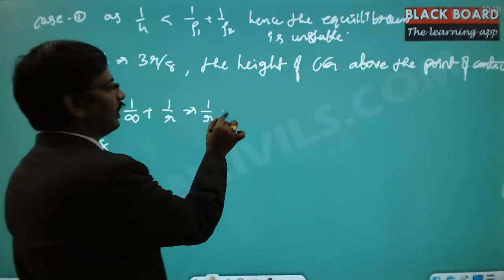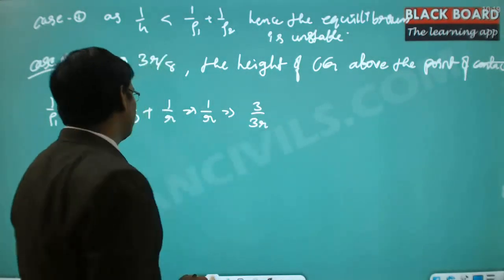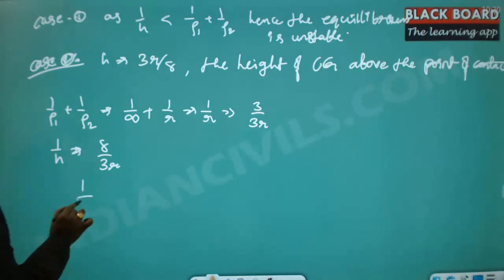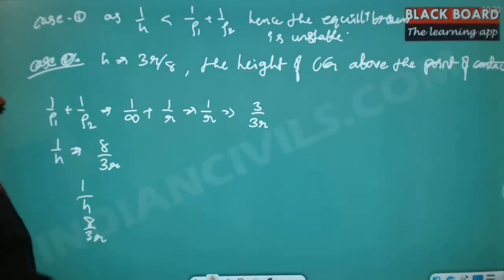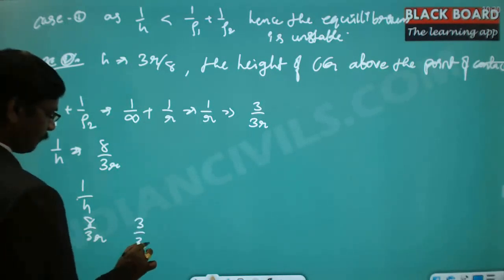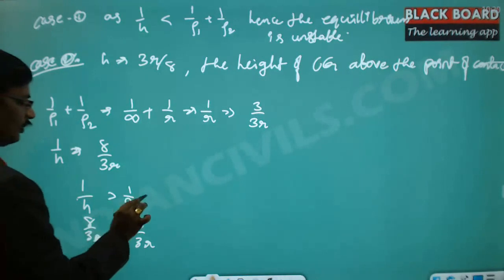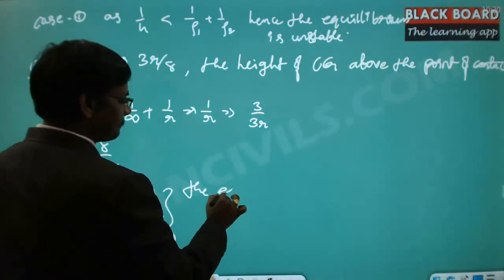Now if you want to compare, you multiply with 3, so 3 by 3r. Now 1 by h is 8 by 3r, and this is 3 by 3r. Now this is greater than 1 by rho 1 plus 1 by rho 2. Hence the equilibrium is stable.